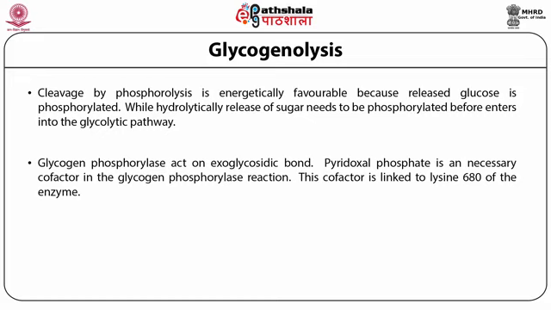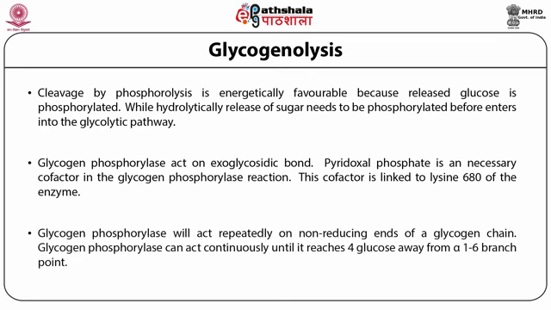Pyridoxal phosphate is a necessary cofactor in the glycogen phosphorylase reaction. This cofactor is linked to lysine that is present at the 680 residue of the enzyme. Glycogen phosphorylase will act repeatedly on the non-reducing end of a glycogen chain. It can act continuously until it reaches 4 glucose molecules away from the alpha-1,6 branch point.